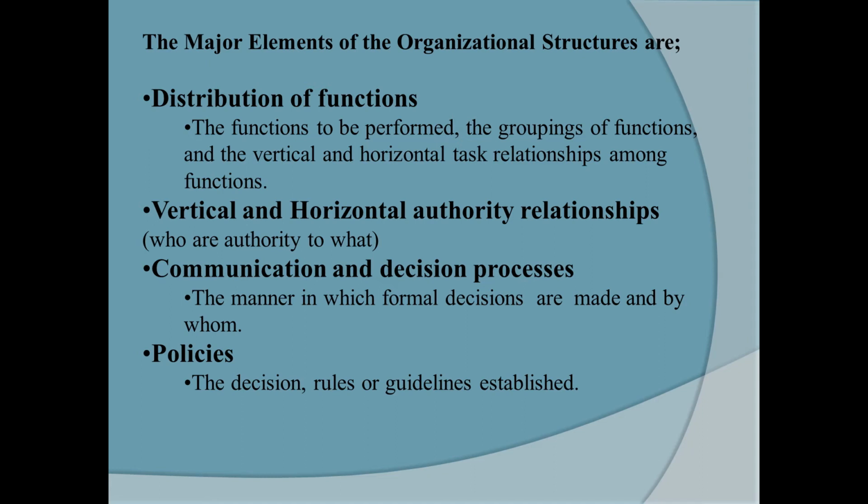This is also the same for communication and the decision process, the authority: the manner in which formal decisions are made and by whom. And then we have the policies, the decisions, rules, or guidelines established. So the major elements actually define or describe the management of resources.